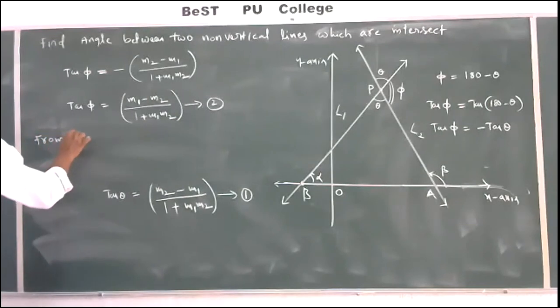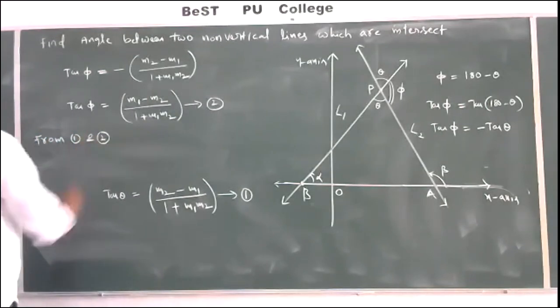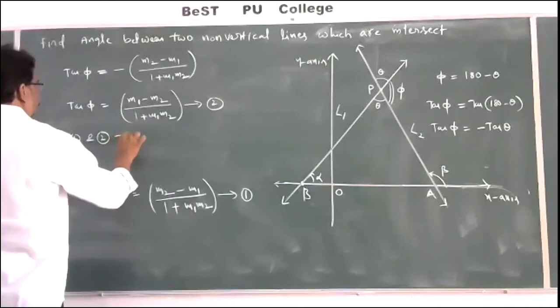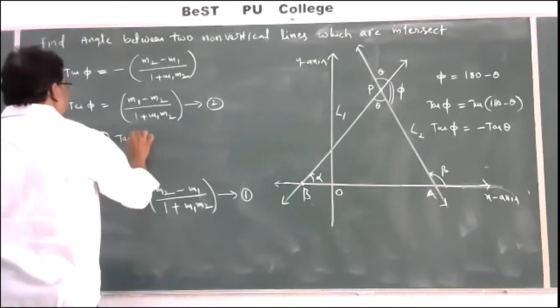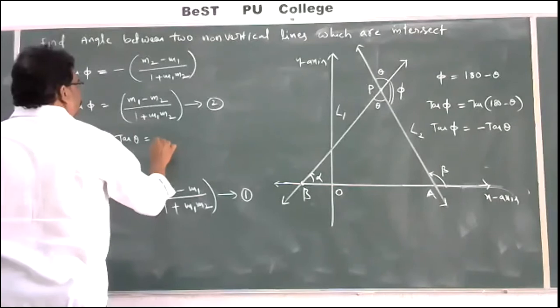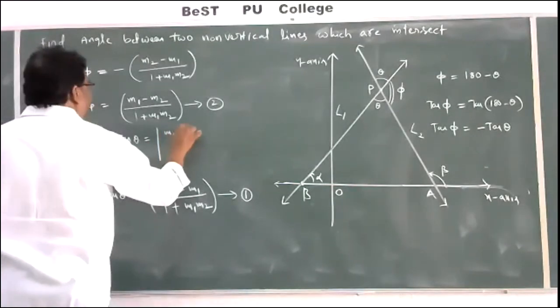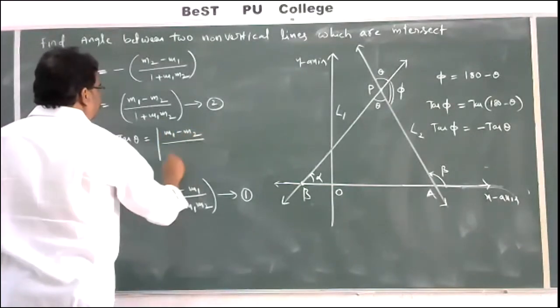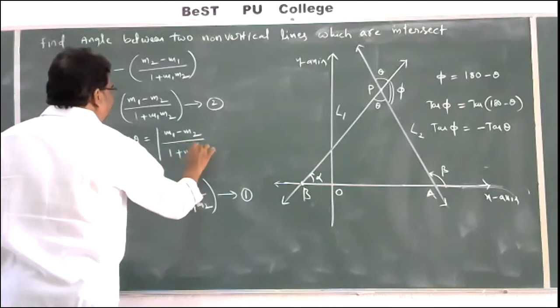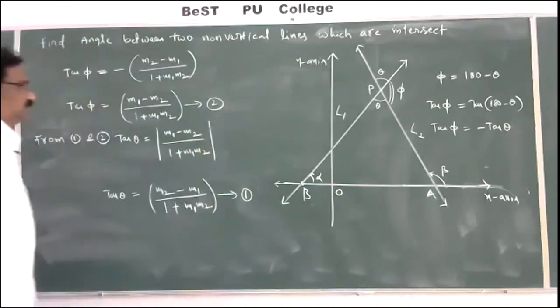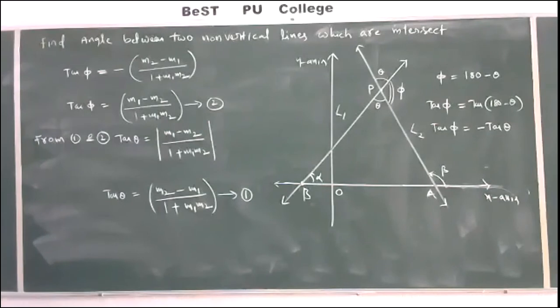From 1 and 2, tan theta is equal to mod of (m1 minus m2) by (1 plus m1 m2). You put the mod.